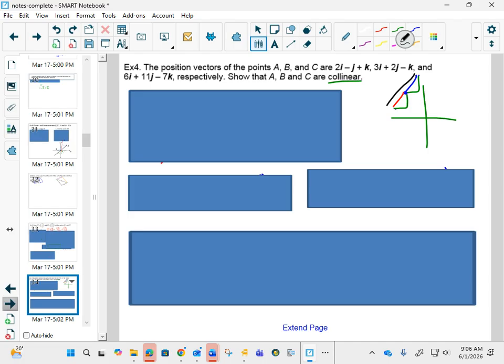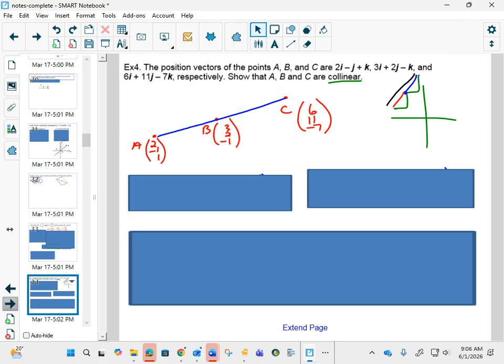If they weren't in a straight line, then the black line would be slightly shorter. So we could use distances. So distance or slopes, this is what we want to show, that these 3 are in a straight line.